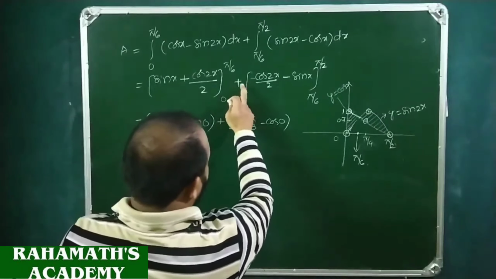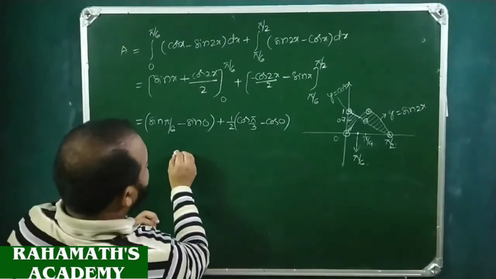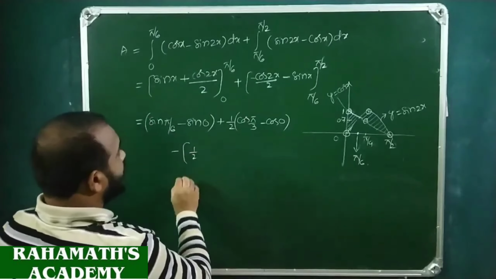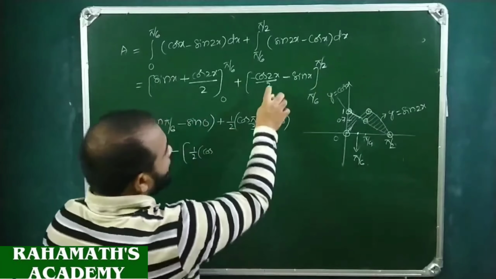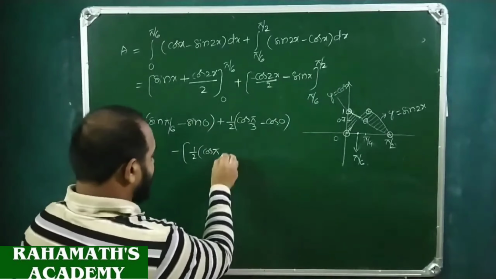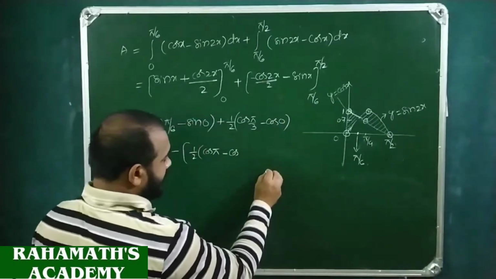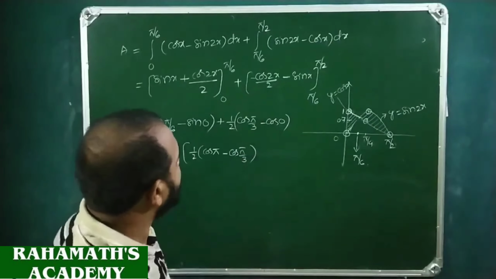So in both of them take minus in common. So 1 by 2 into cos 2 into pi by 2, the 2 gets cancelled, I am left with pi, minus cos 2 into pi by 6, that is pi by 3 upper, so this is over.